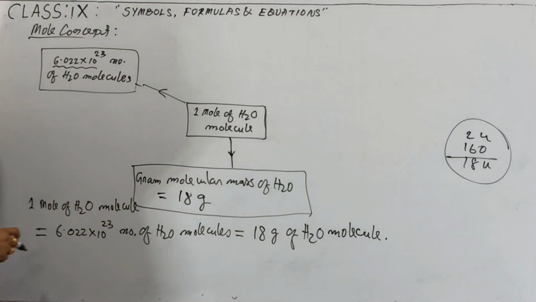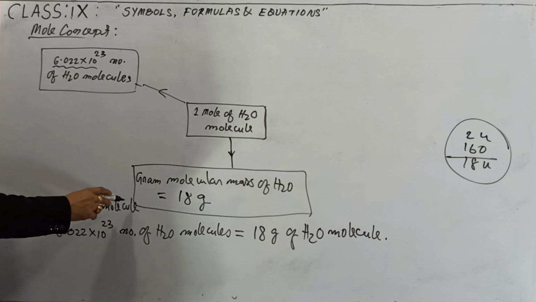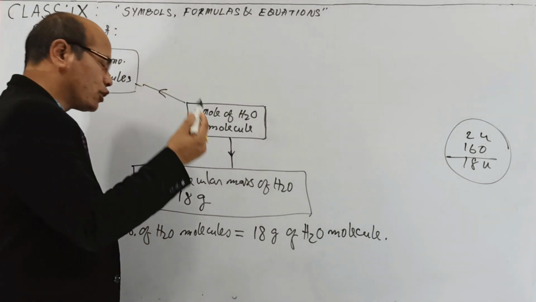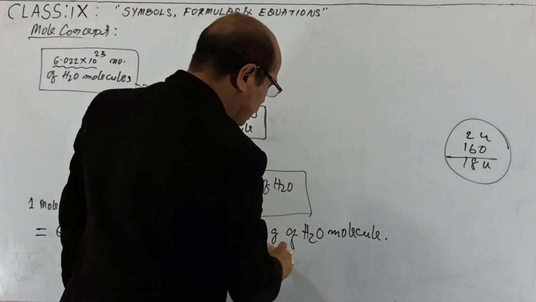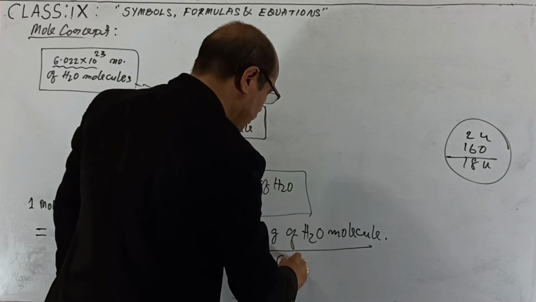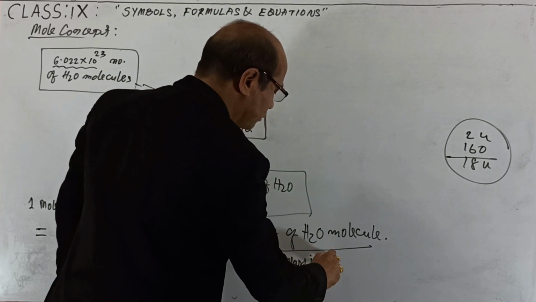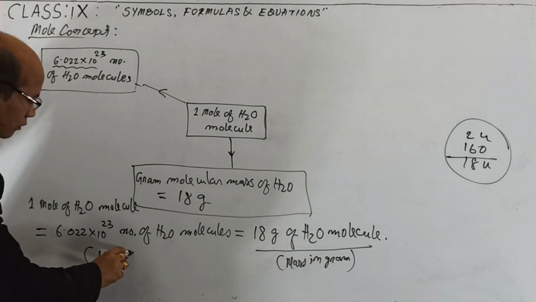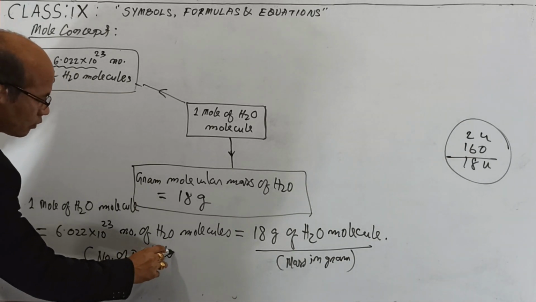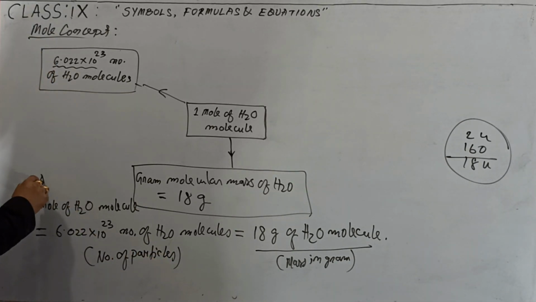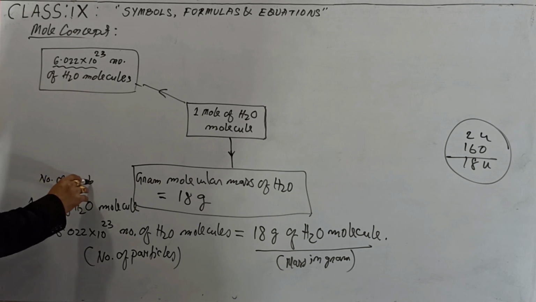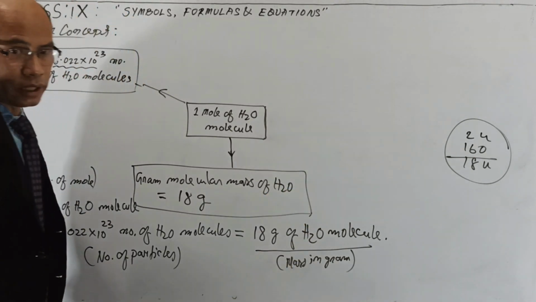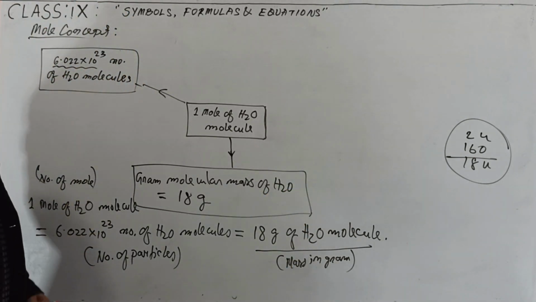So this is the relation according to the mole concept. 1 mole of water molecule is equal to 6.022 into 10 to the power 23 number of water molecules, is also equal to 18 gram of water. This is mass in grams, and this is number of particles, and this first one is number of moles. Number of moles, number of particles, mass in gram, like this. It is given by the mole concept.